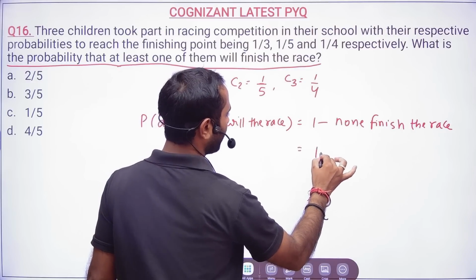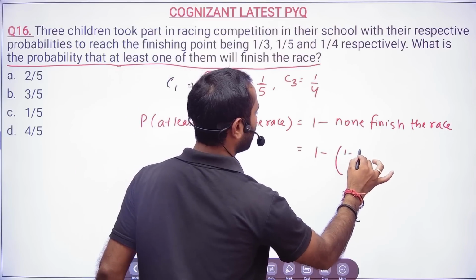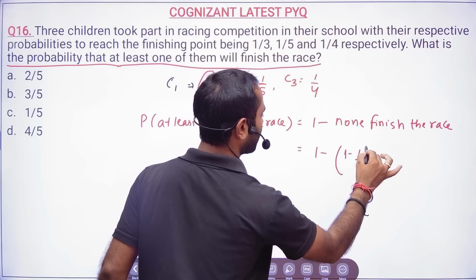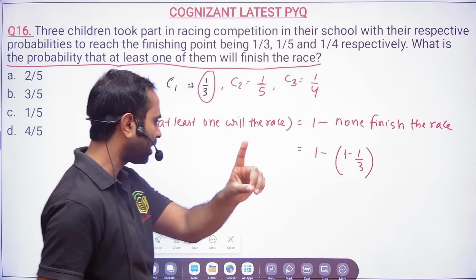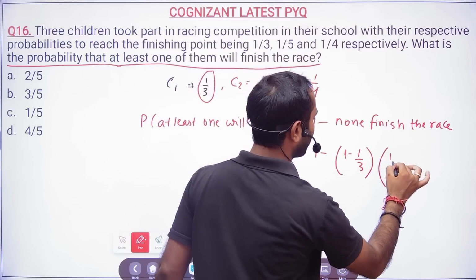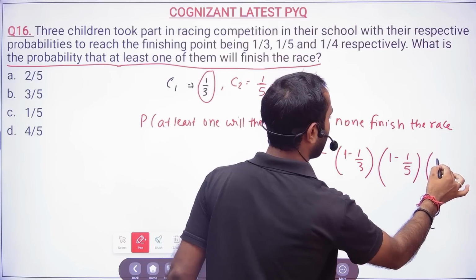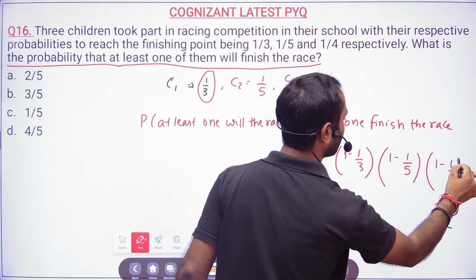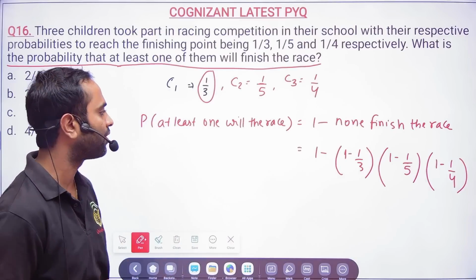Now, friends, child 1 will finish the race is 1 by 3. So child 1 will not finish the race, subtract from 1, because the total probability is equal to 1. Then child 2, 1 by 5, will not finish the race, 1 minus 1 by 5. Child 3 will not finish the race, 1 minus 1 by 4, because the total probability is 100%, which is equal to 1.